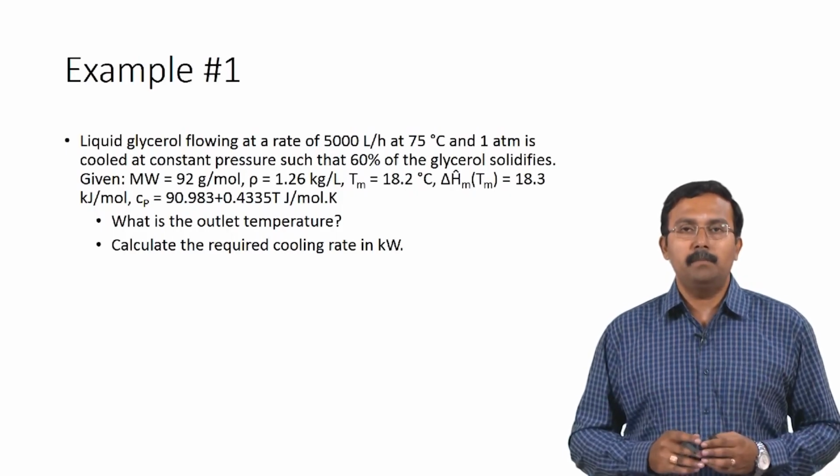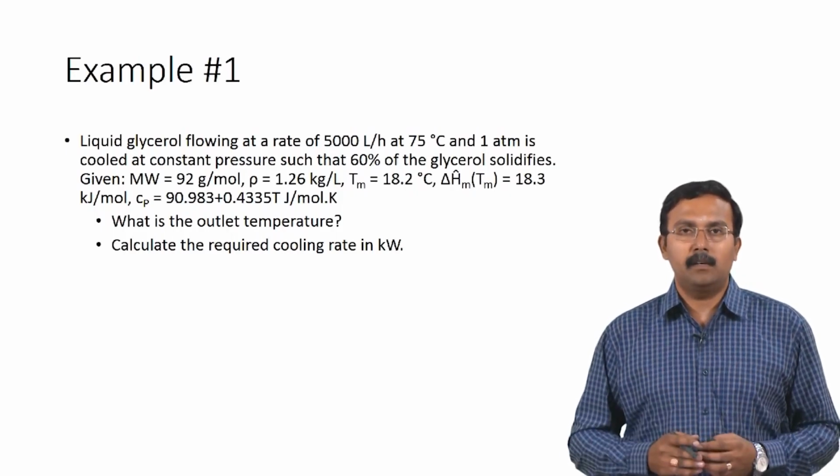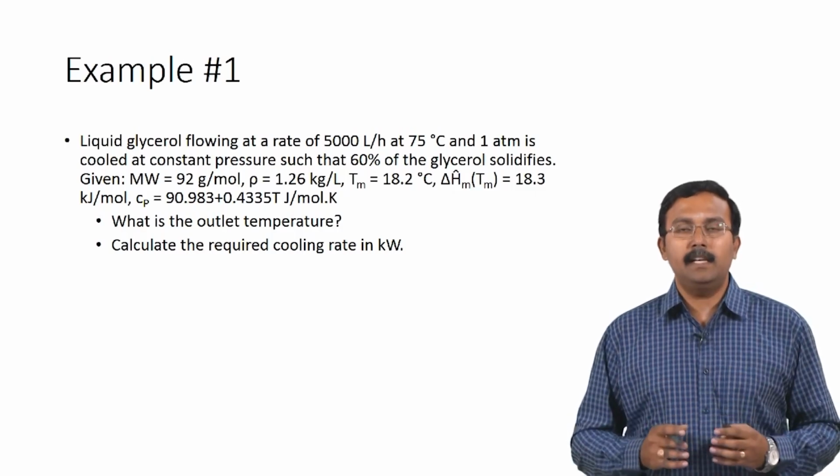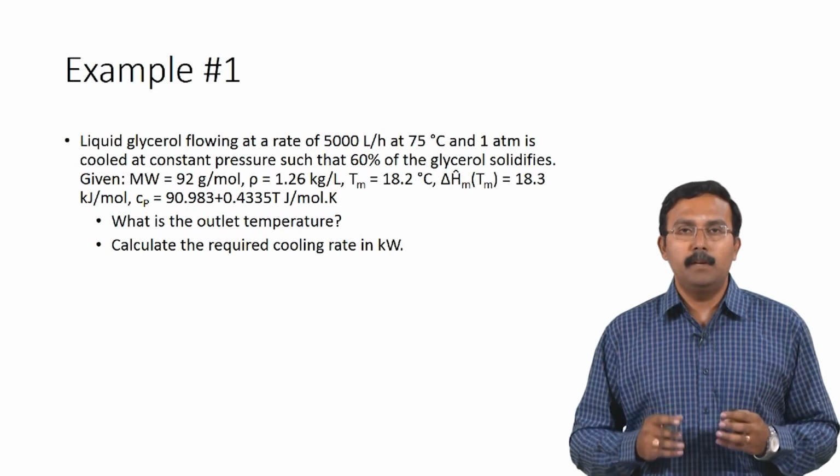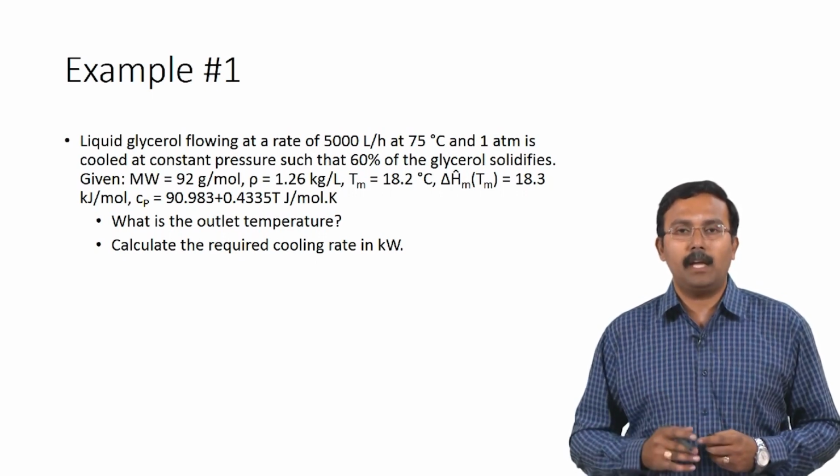Here is an example problem where we will perform such energy balance calculations. So the data related to this particular component has been given here. So we would be able to use the data directly and perform the calculations.